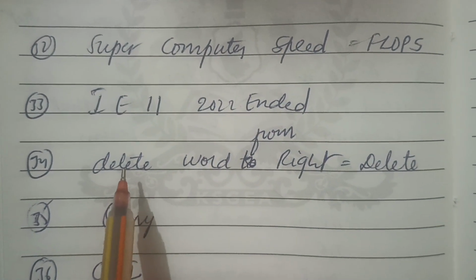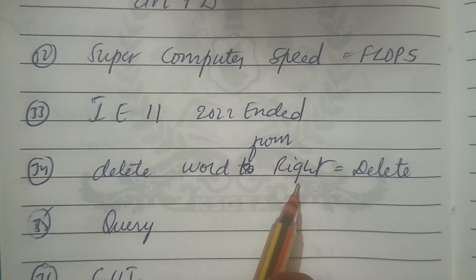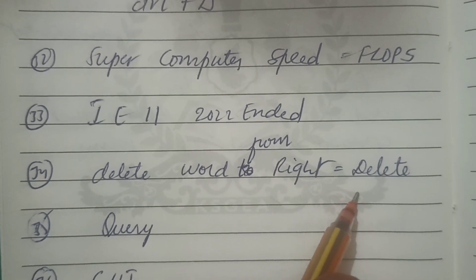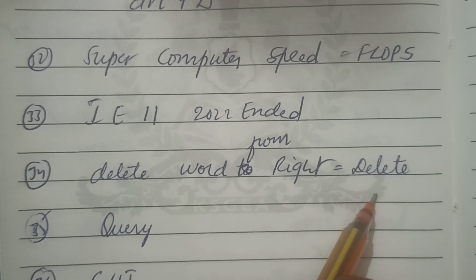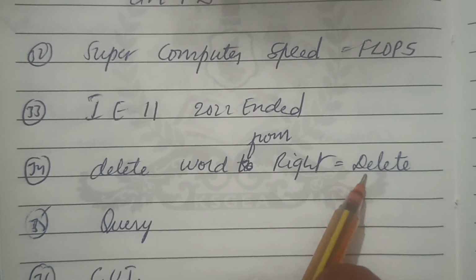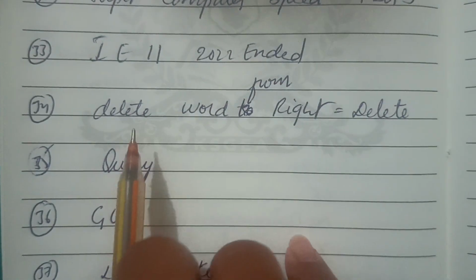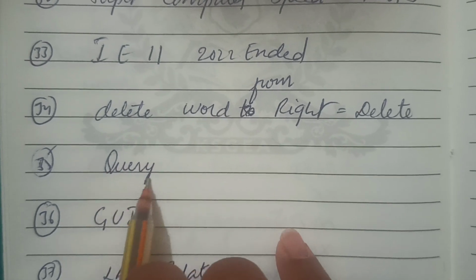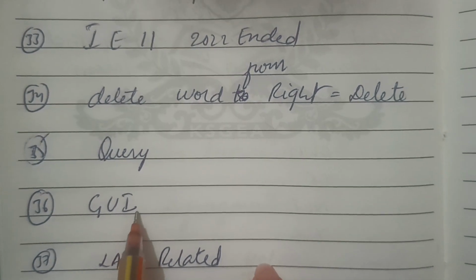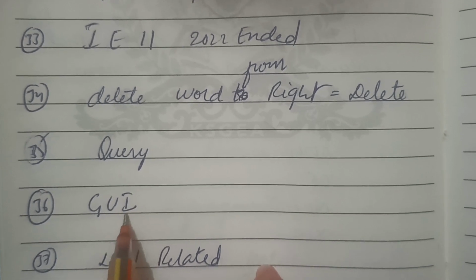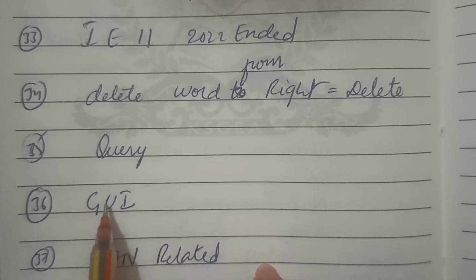Then deleting the word from the right hand side. The options were Control Backspace, Delete, and Backspace. I marked Delete. Then one was about graphics and text that we use in Windows, what it is called, and that interface is the graphical user interface.